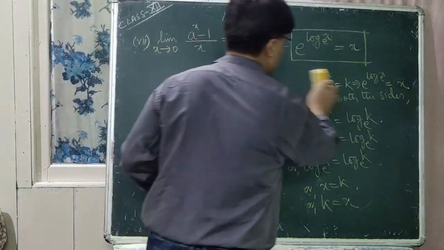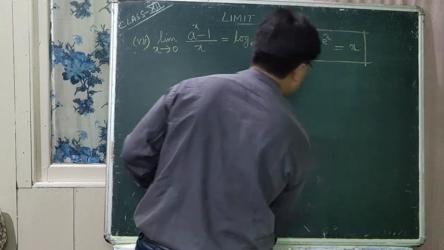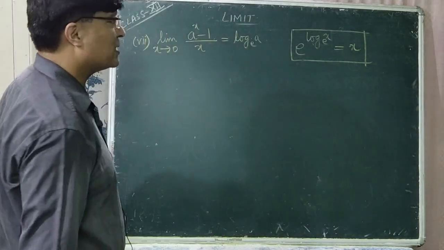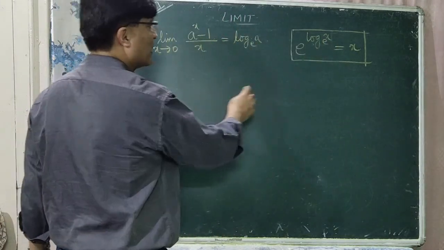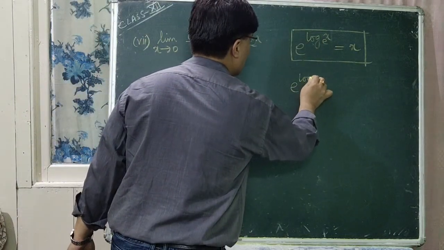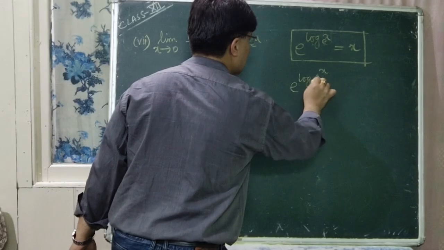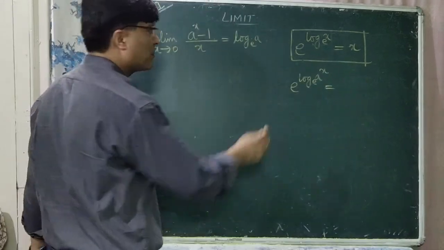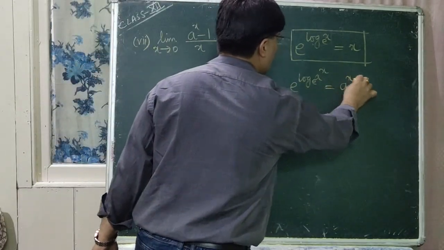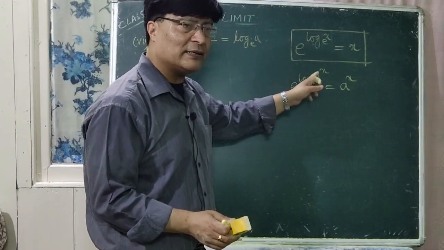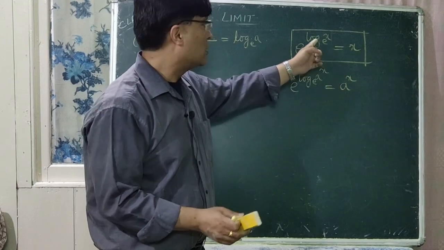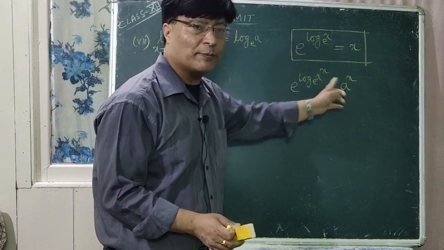Okay. And now, since a to the power x is there, instead of x, you write a to the power x. So e to the power log a to the power x base e is equal to a to the power x, isn't it? Instead of x, we have written a to the power x.